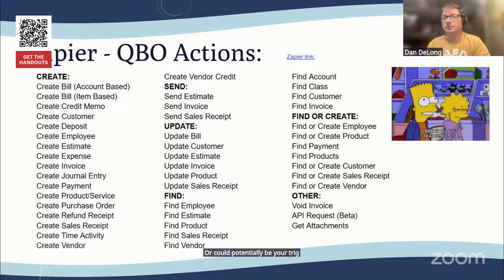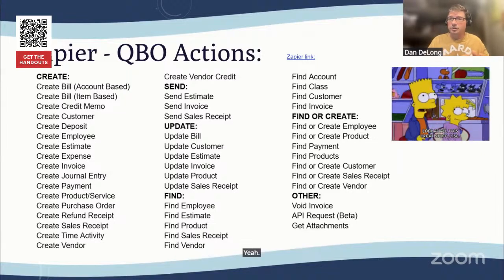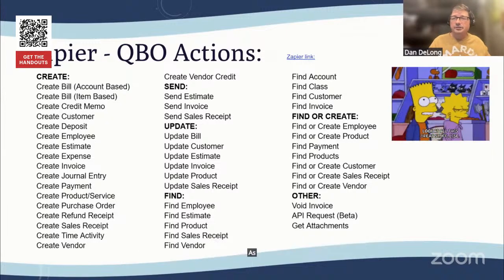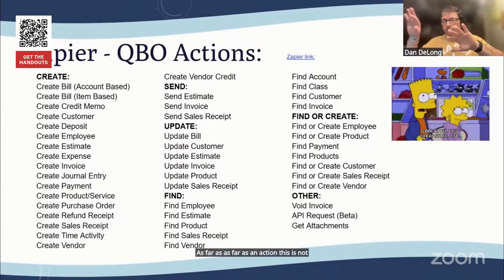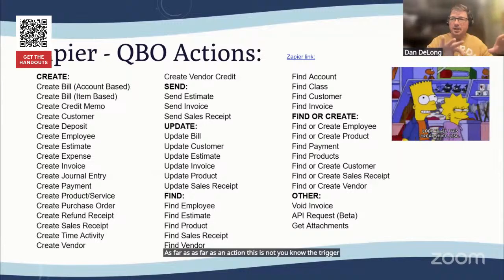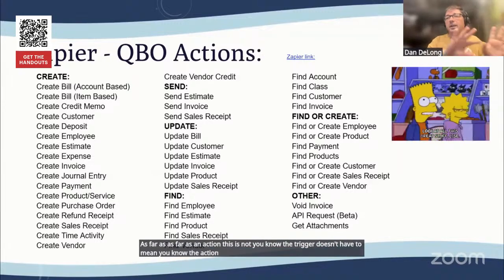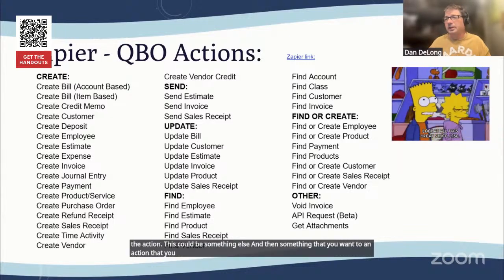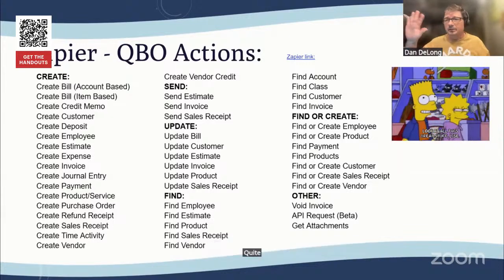Yeah. So here's all the things that you can do inside of QuickBooks as far as an action. The trigger doesn't have to mean the action. The trigger could be something else, and then there's an action that you want to take inside of QuickBooks. Quite a few, right? There's a lot of things that you can do here.